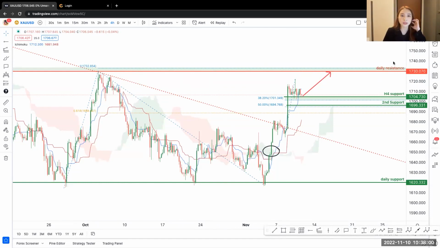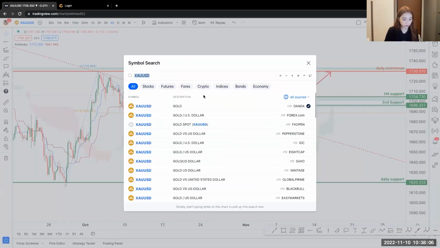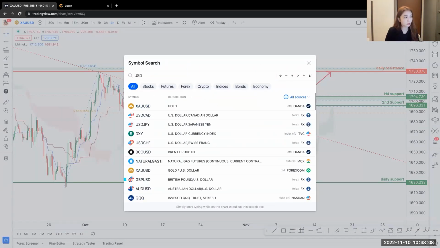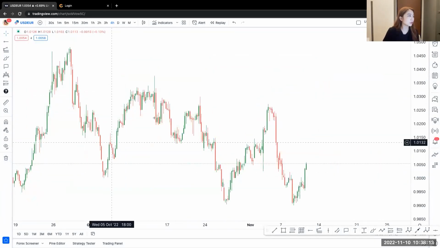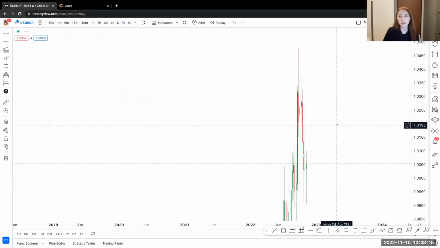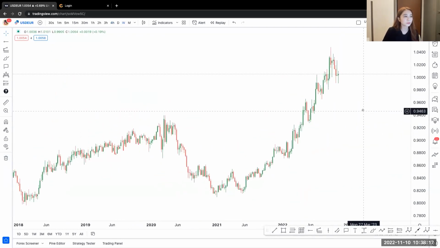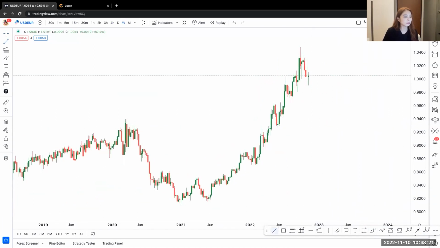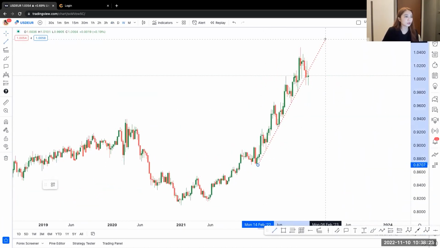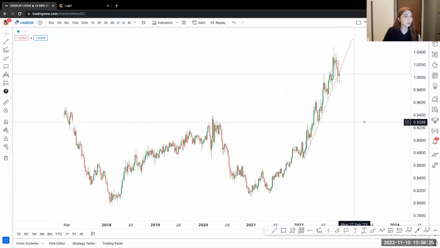Let's look at something else. Okay, I see dollar, euro. We'll move on to this. Let's remove all the indicators and start back from the weekly as well. Okay, you can see that this is a very nice upward movement for the dollar, euro.